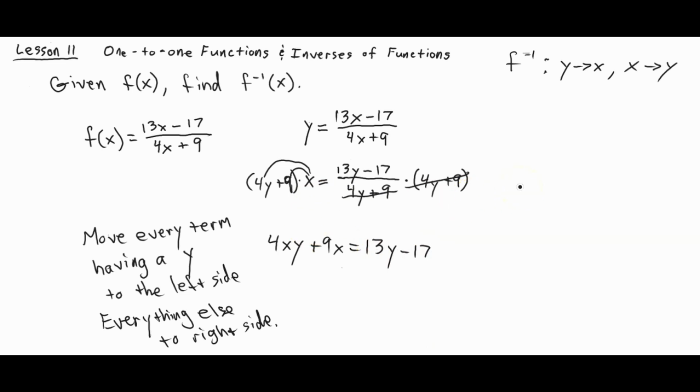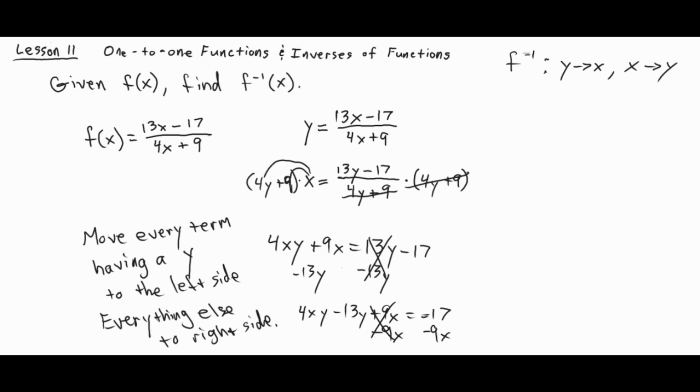And so what we're going to do is subtract 13y. Subtract 13y. Okay, over here this is going to cancel. We're going to have 4xy minus 13y plus 9x equals negative 17. Now we're going to subtract 9x and subtract 9x.